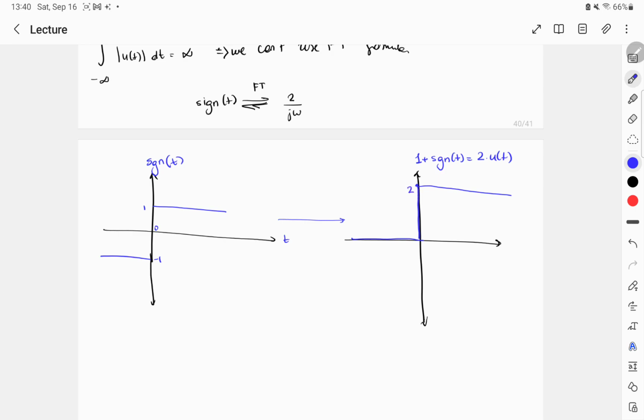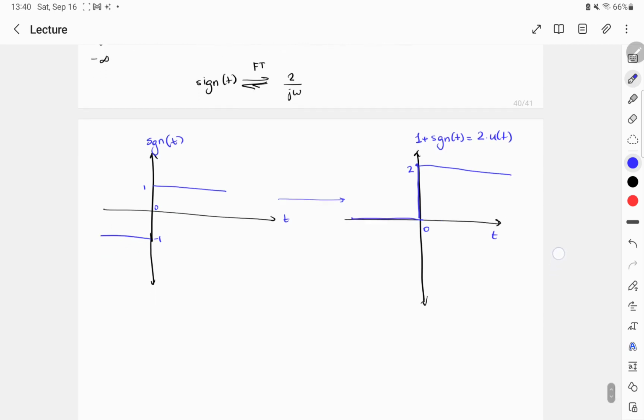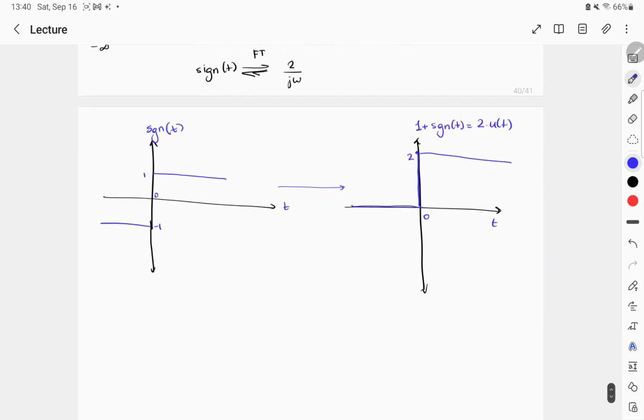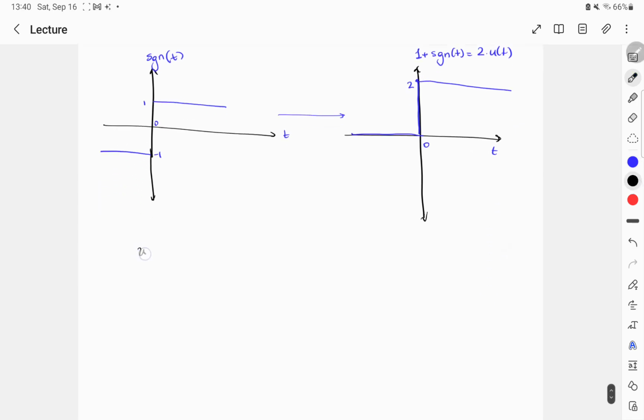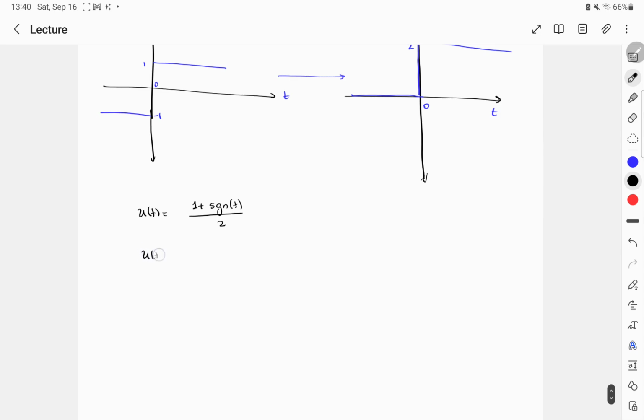Let me write it, 2, and then we have 0, and then we have t. As we have found out that u(t) is actually (1 plus the signum function) over 2, we can just write it by splitting the fraction, and here we have our final result.